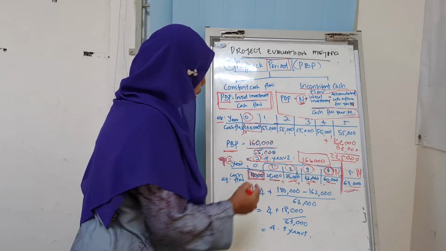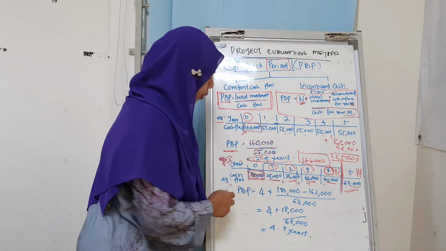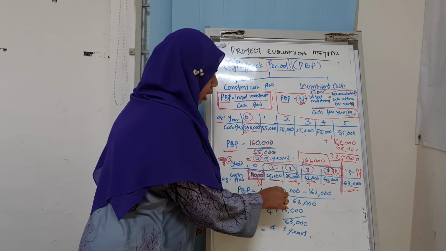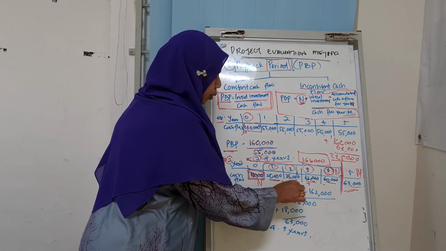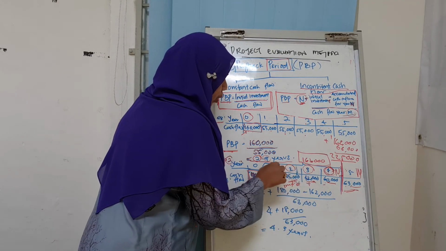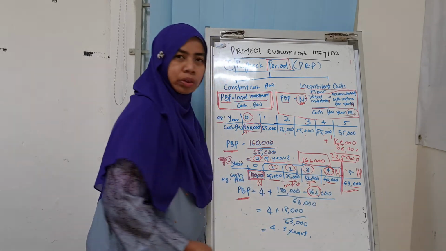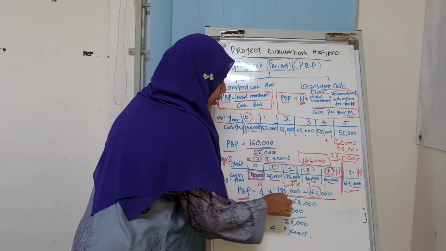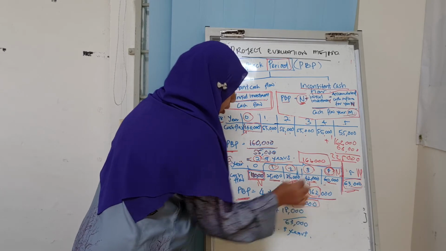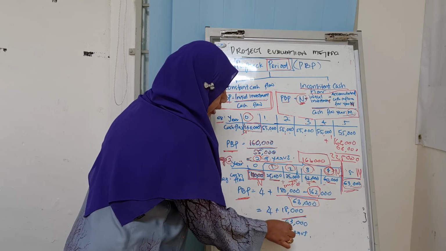Okay, understand? Alright, so now we put in our formula. PBP is N plus 180,000 initial investment minus accumulated cash flow in year N, which is 162,000, divided by cash flow of year M. So 4 is N, and here is M. Therefore 4 plus 18,000 divided by 63,000.